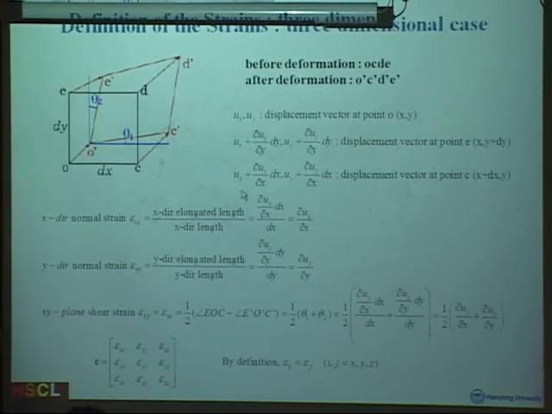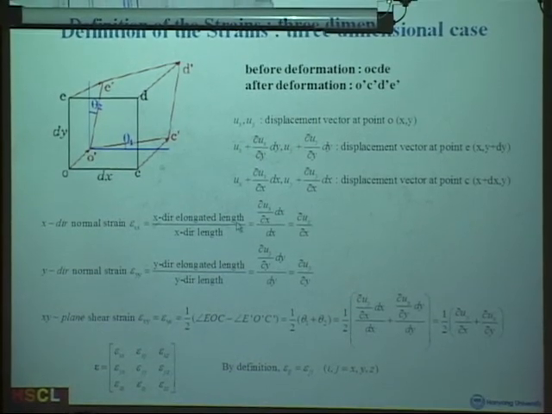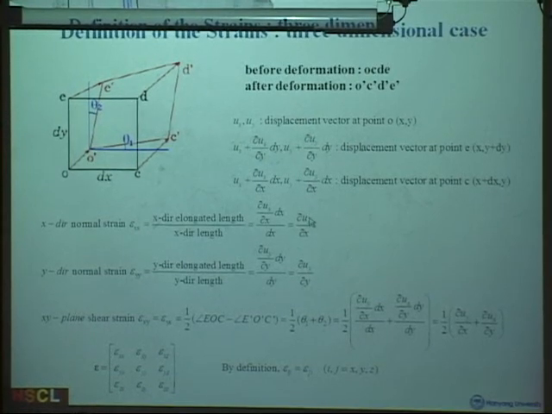I'm sure we covered this subject, right? And epsilon xx is given by ux derivative with respect to x, right? And epsilon yy is the y directional displacement with respect to y. And epsilon xy is the uy,x plus ux,y.